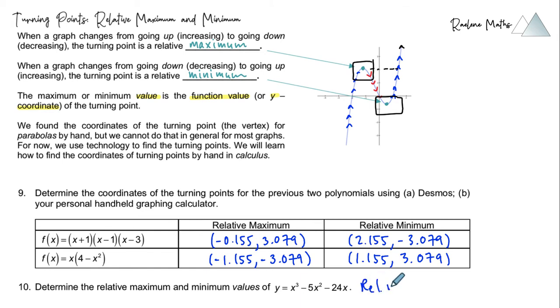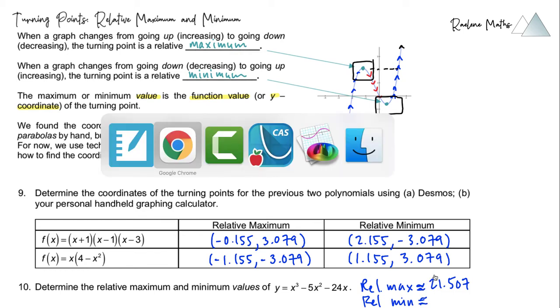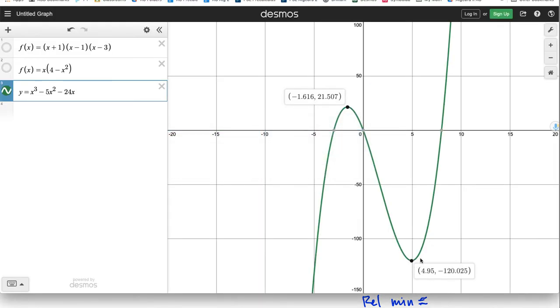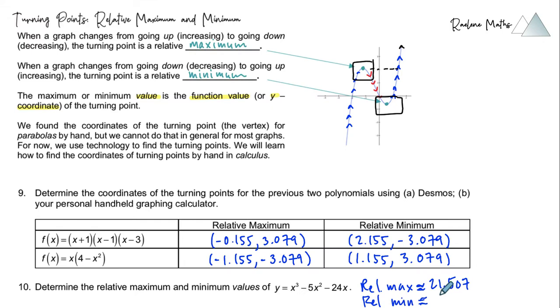So the relative max value, or just relative max, equals 21.507, and the relative minimum, and again, these are approximate, they're not exact values, so we could use the approximation symbol. The relative minimum we see is located at this point, and it has a y-coordinate of negative 120.025. Negative 120.025 for our relative minimum value.